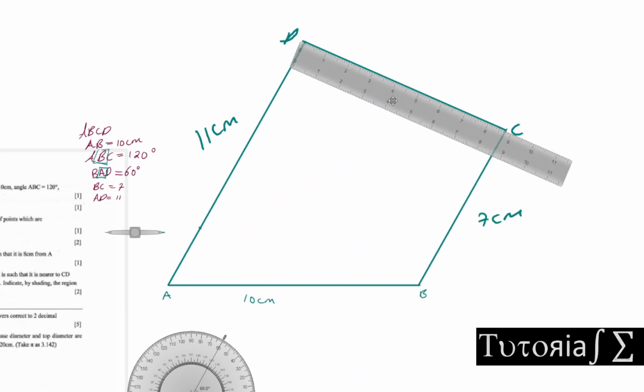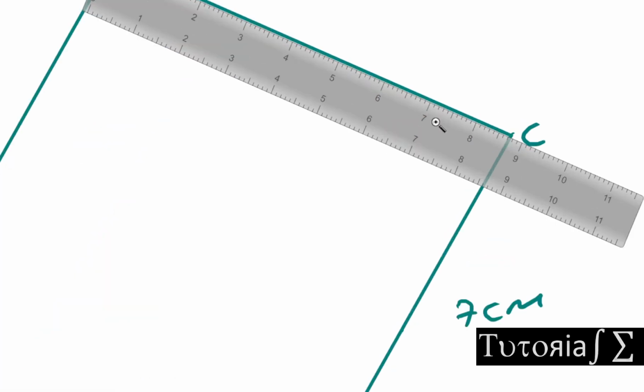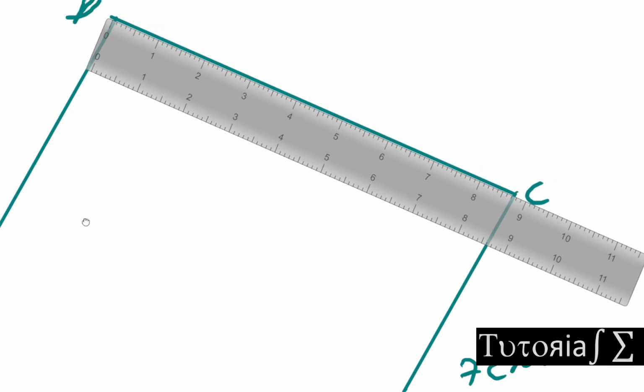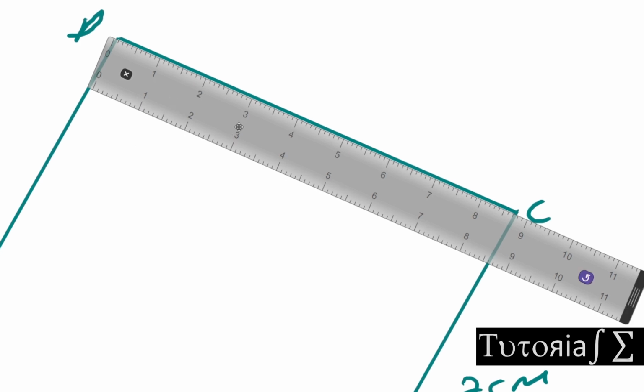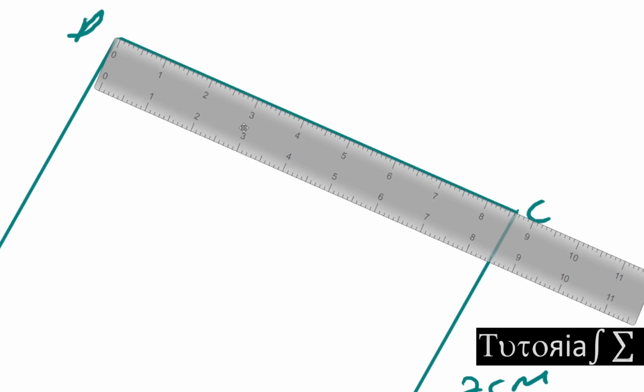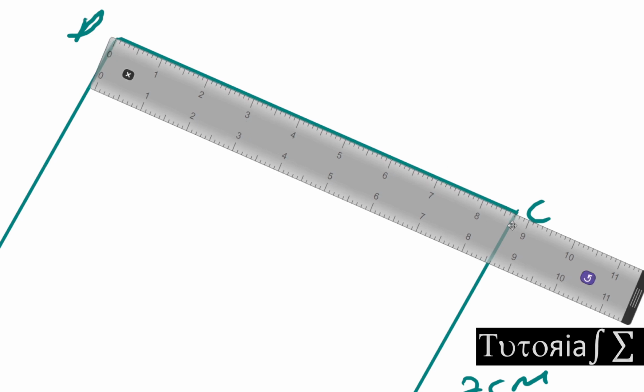Measure that length. Okay. So we see that it's about 8.8.